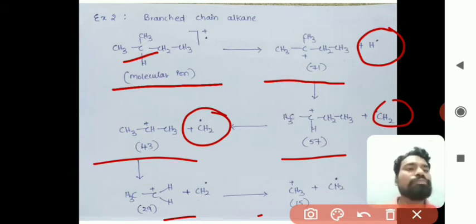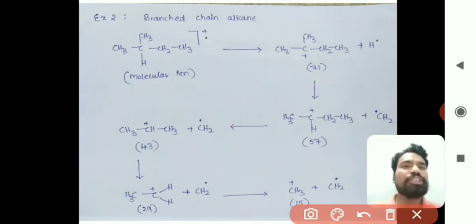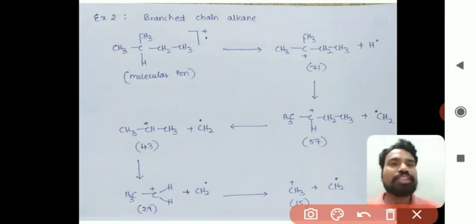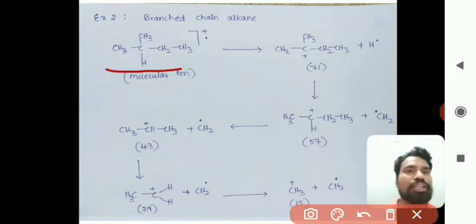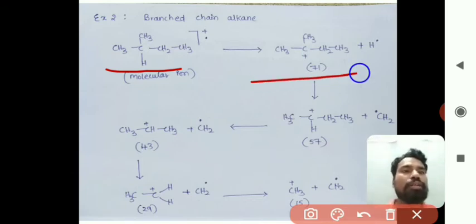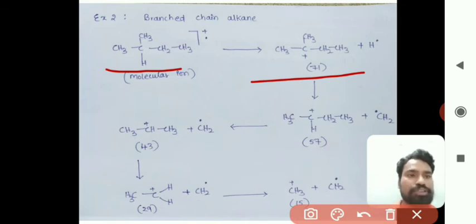What we have to understand here is that the bond breakage takes place between carbon and hydrogen in the case of branched chain alkanes. If there is no hydrogen, and another alkyl or methyl group is there on the branch, then the methyl radical will be removed, so that the branched carbon gets the positive charge, and after that the cation formed will further undergo fragmentation.